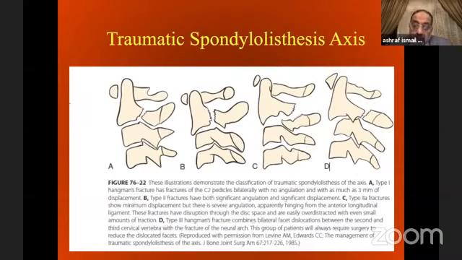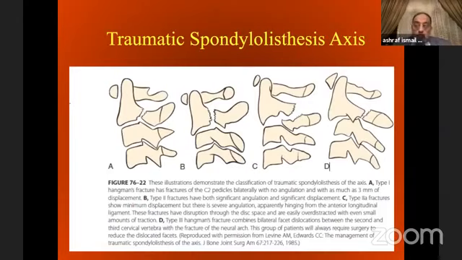Type B has more displacement and more angulation of the body. In type C, there is more displacement and rupture of the disc in between. And type D, there is dislocation of the C2-3 facets.